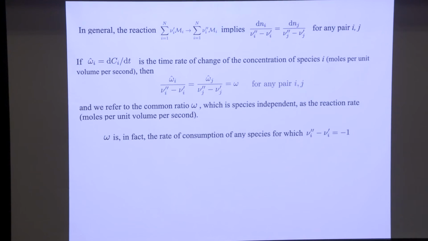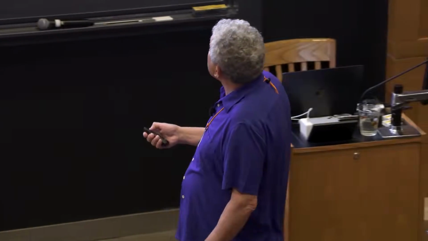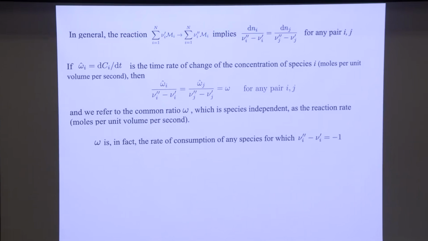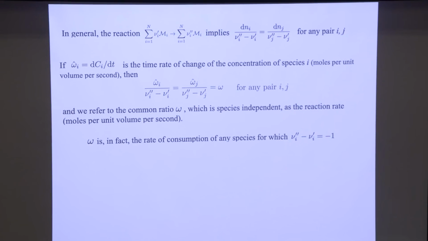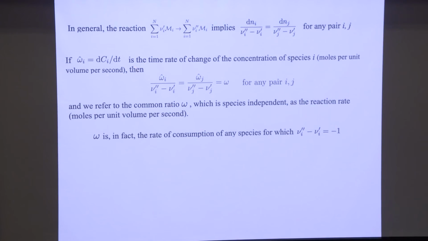The reason for the hat is because I use this for moles per unit volume, whereas if you remember in the governing equation that we derived, we wrote everything in terms of mass. So omega I without the hat is mass per unit volume per second, whereas with the hat is moles. So the difference will be bringing in the molecular weight, as we will see in a minute.